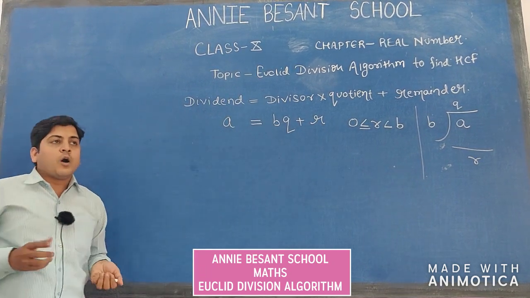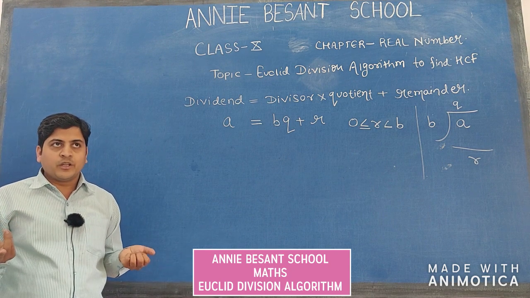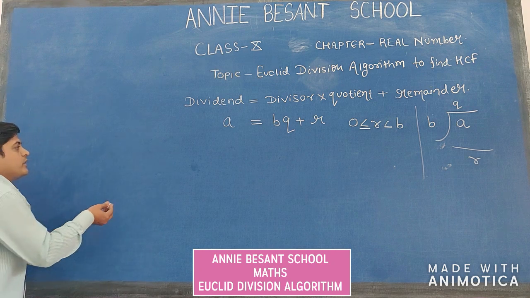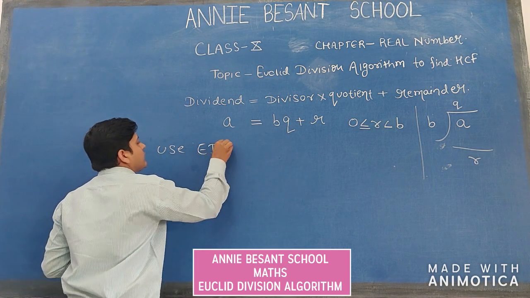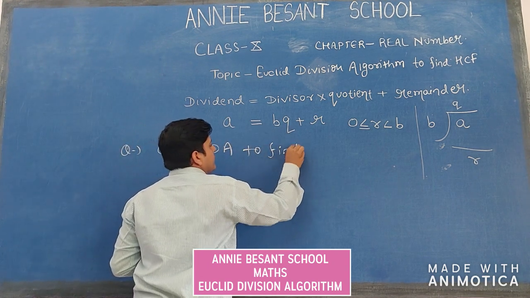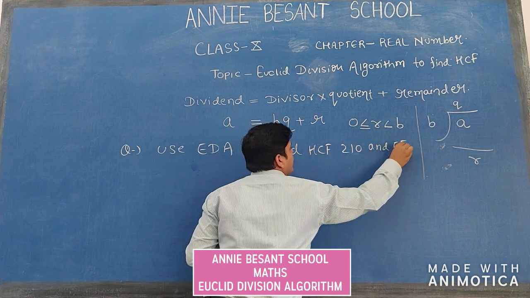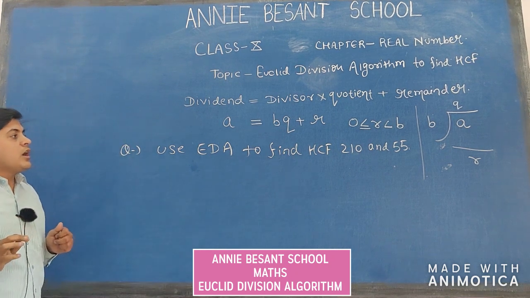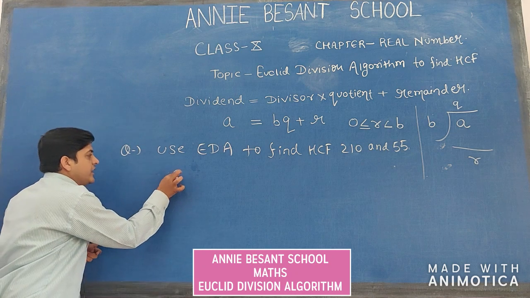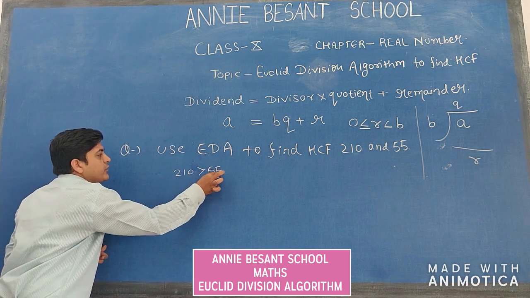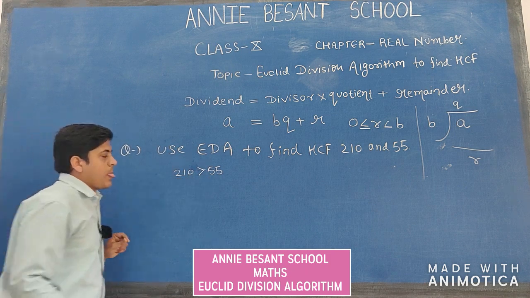Okay, fine. How? Take any two numbers A and B, like 210 and 55. In the very first step, the number which is greater, 210, is greater than 55. So 210 is divided by 55.